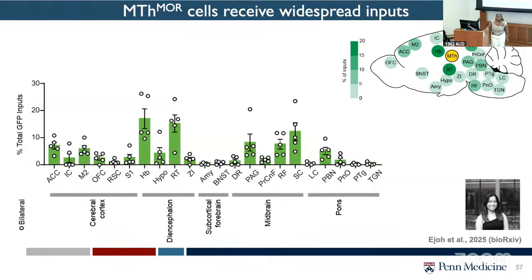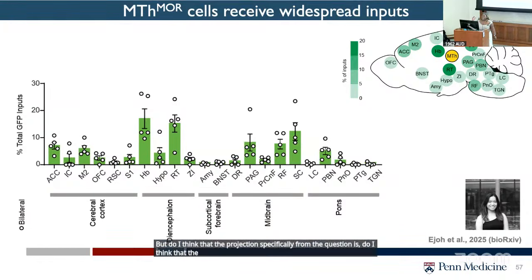The question is, do I think that the projection specifically from the lateral habenula, which is pain activated, to the MDCL thalamus could be manipulated specifically?